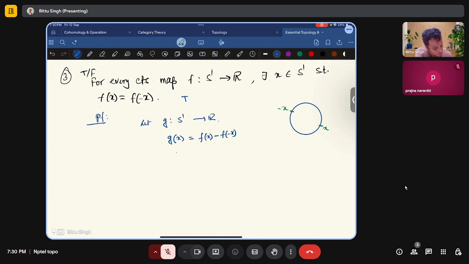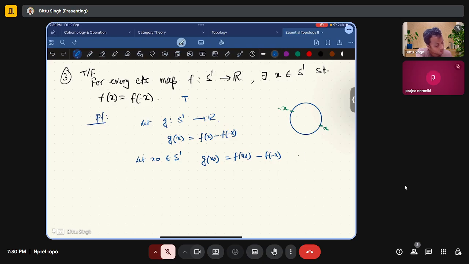So g(x) equals f(x) minus f(-x). Then let us choose a fixed point x0 belongs to S1. Then g(x0) equals f(x0) minus f(-x0).